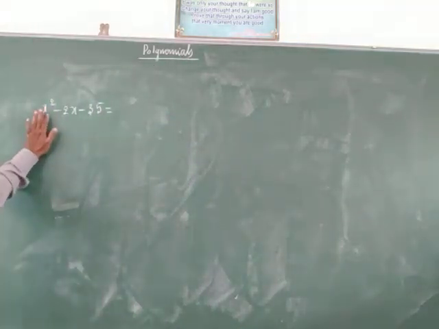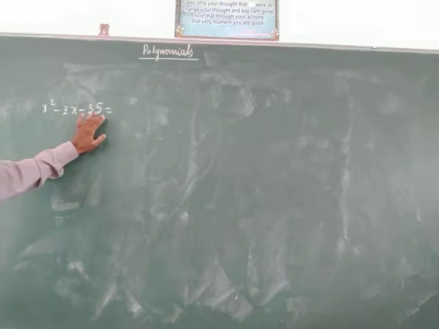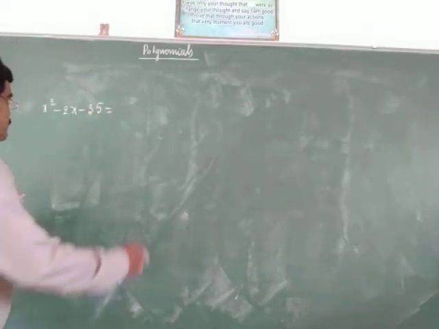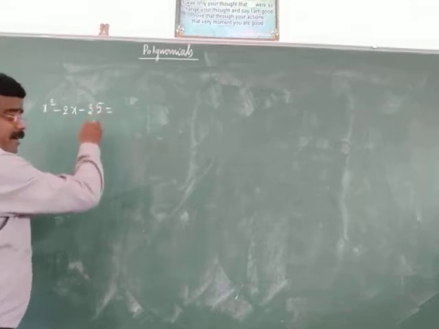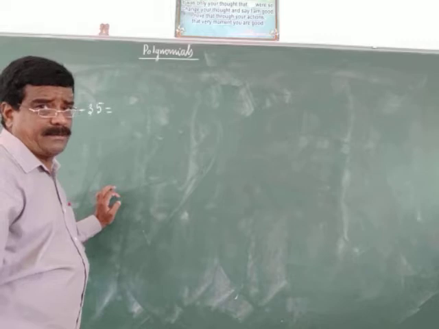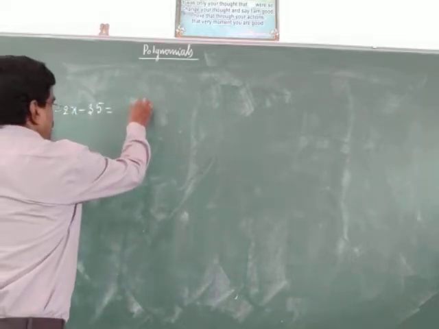Yes, children. x square minus 2x minus 35. Again, you have to go back to factorization. Factors for 35 are 5 and 7, since 7 fives are 35. And here you have 2. So 7 and 5 have to be written in the middle term.